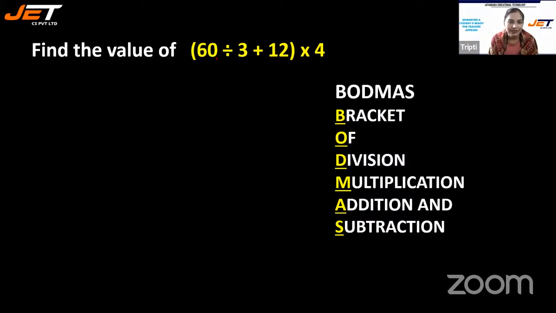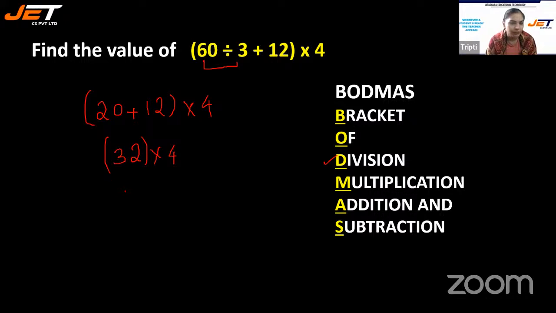So the first thing that I'm going to do here is division, because division comes first after bracket. Obviously, I'm solving the bracket. So in the bracket, division comes first. So 60 divided by 3 is 20 plus 12. That is in the bracket only. Times 4. 20 plus 12, 32 times 4.